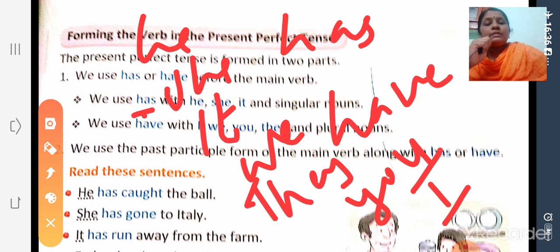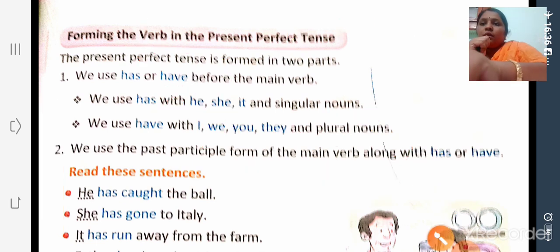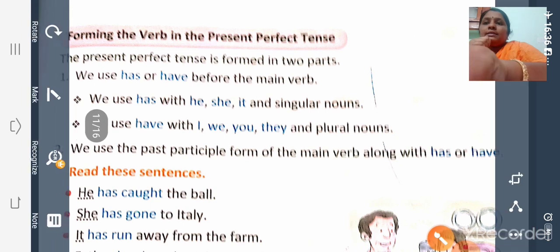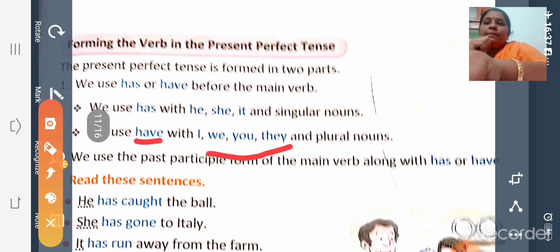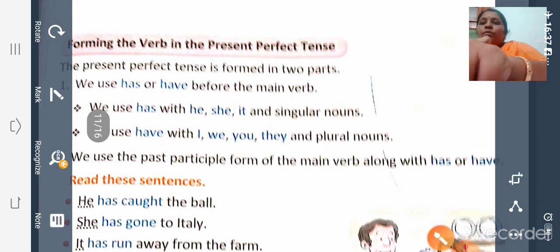And with singular nouns and pronouns, he, she and it. Okay. We use has or have before the main verb. Then we use have with I, we, you and they. Then has with he, she and it. Okay, so that is the form of present perfect tense.